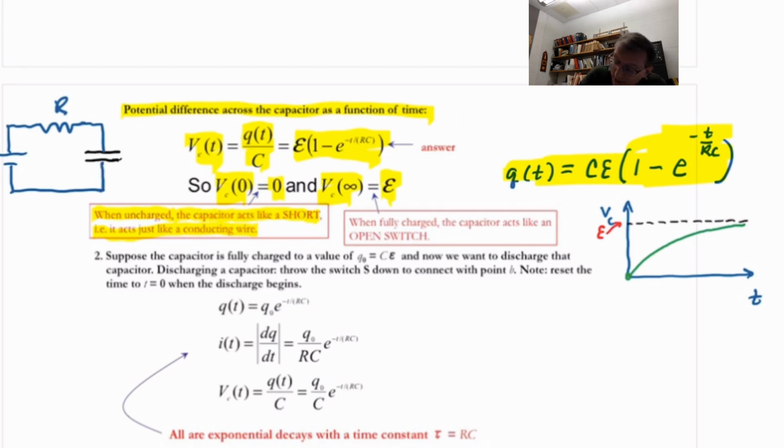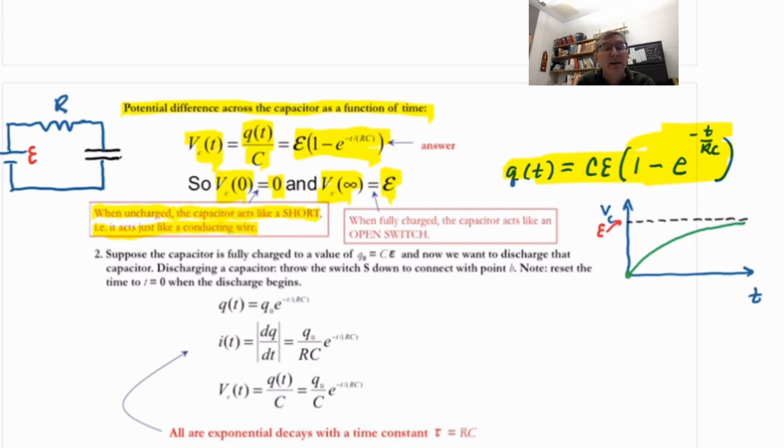And the potential difference across it is the same as the potential difference across that battery. Let me write the EMF here so you can see it. But the only way that can work, if the potential difference across the capacitor is the same as that of the battery, is if there's no potential difference across the resistor. But the only way you get no potential difference across the resistor is if there's no current.